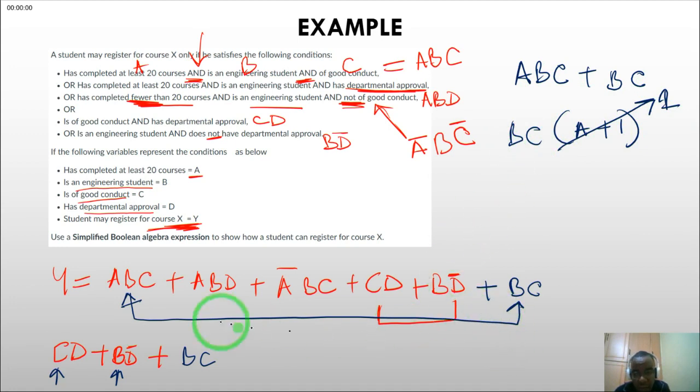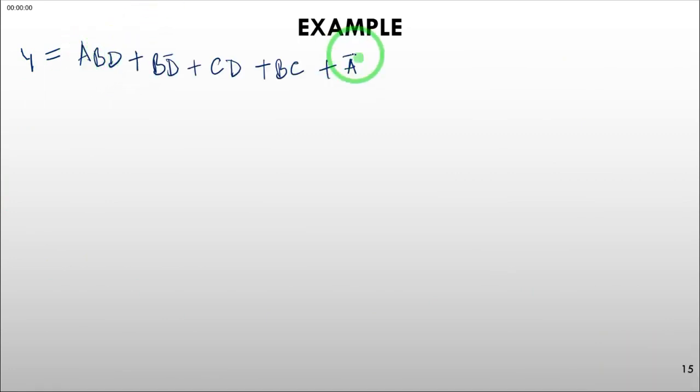So these two terms, we may drop this one to be left with only BC. So our new expression for Y becomes ABD or A bar BC bar.